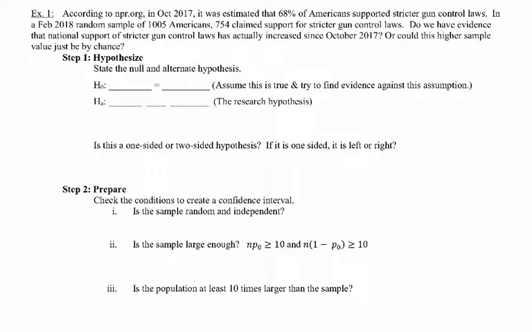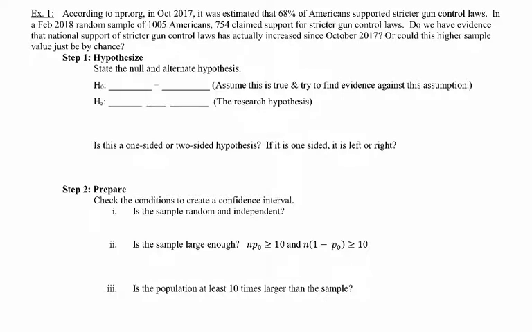Or could this higher sample just be by chance? So in other words, if the proportion in 2017 was 68%, and we take another survey a year later and see that the proportion in that survey has increased, does that give us evidence that the actual population has also increased, or could this just have happened by chance?